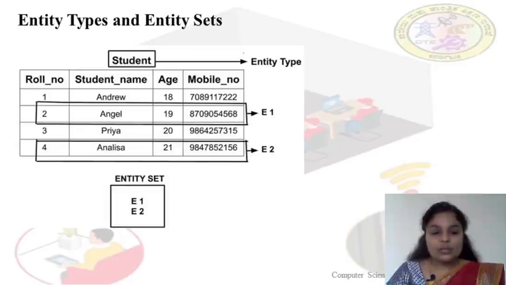Assume that two students have raised their hands, Angel and Annalisa. So what am I doing? I'm grouping those two and putting them under one set. That is called an entity set.